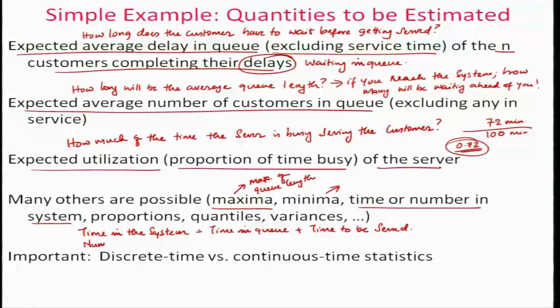The number in the system is equal to the number in the queue plus the number that is served. So, that is the number in the system. So, time in system and number in the system can be taken care of that way.